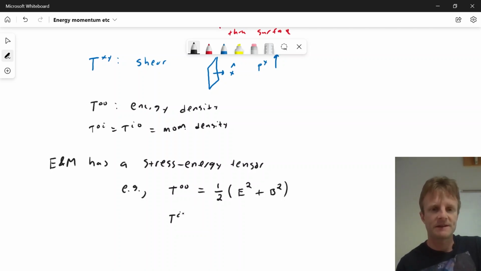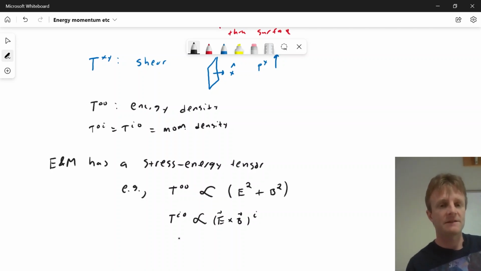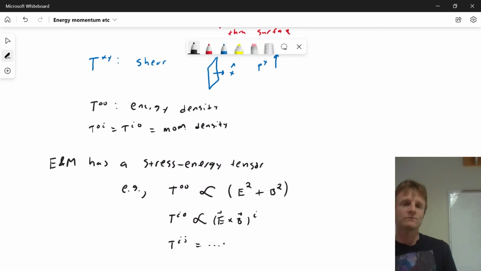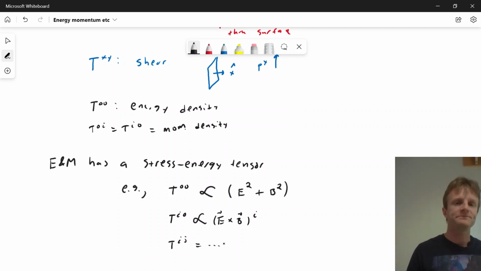And similarly, T^{i0}, now I don't know the normalization though. Let's do proportional to for both of them. That'll keep me safe. Okay. And there's also T^{ij}, and depending on who taught you electromagnetism, they may or may not have included this, but it's part of the theory that the electromagnetic field carries stress.